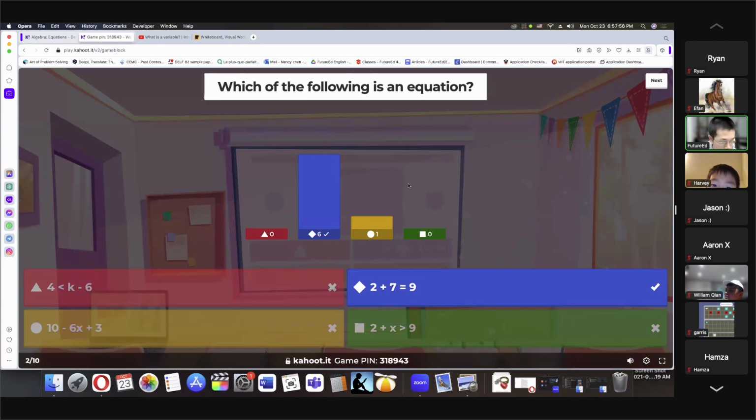Awesome. So remember, an equation has an equal sign. Equation, equal. It has like 80% of the word in it. So if you see equation, you know there has to be an equal sign.